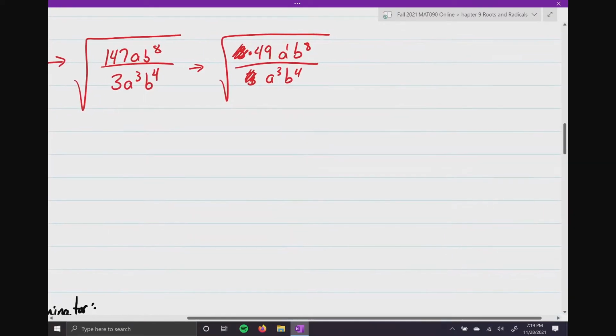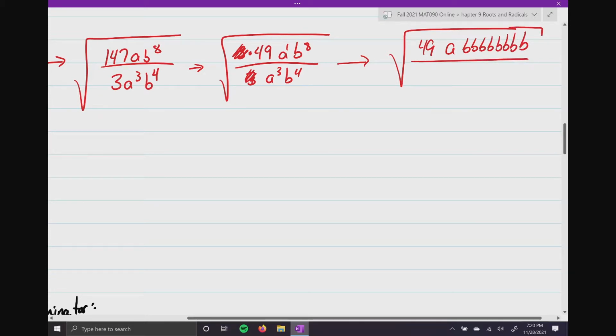Okay? Remember, you can always think about it like this. 1, 2, 3, 4, 5, 6, 7, 8. You can always think of it as 1 a and then 8 b's, and then in the denominator, 3 a's and 4 b's. And all you got to do is just reduce what you can.